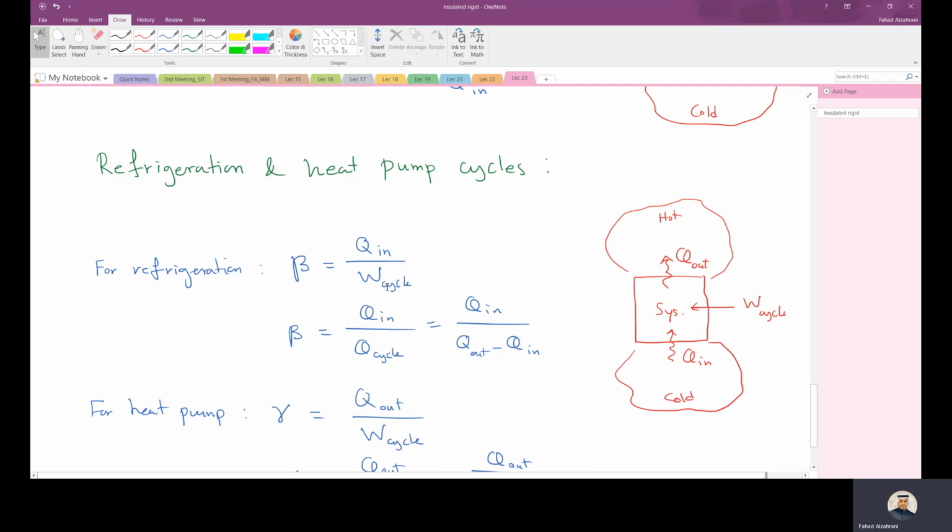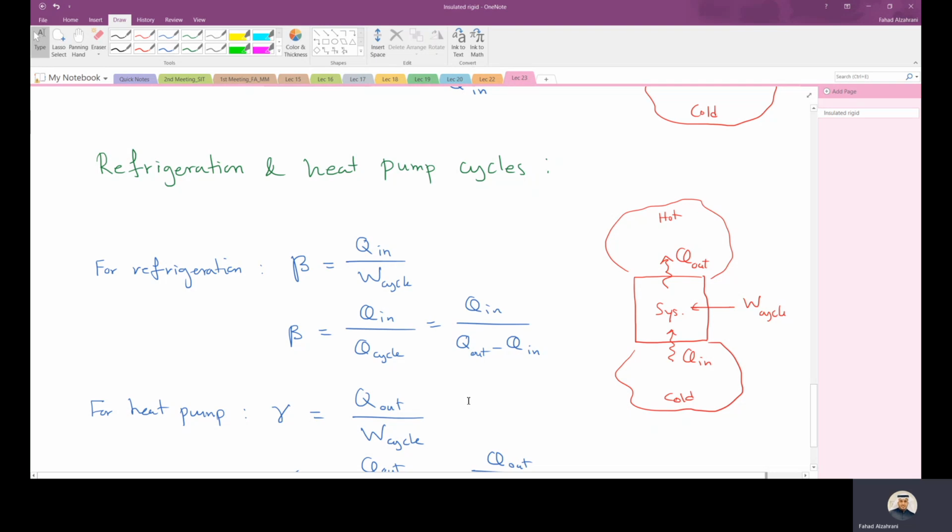So it's Qin over Q of the cycle. Again, the work of the cycle is equal to Q of the cycle, and then I can rewrite this as Q out minus Qin. I'm writing it like this because usually Q out is greater than Qin, in order to avoid a negative sign here. So this is Qin over Q out minus Qin.